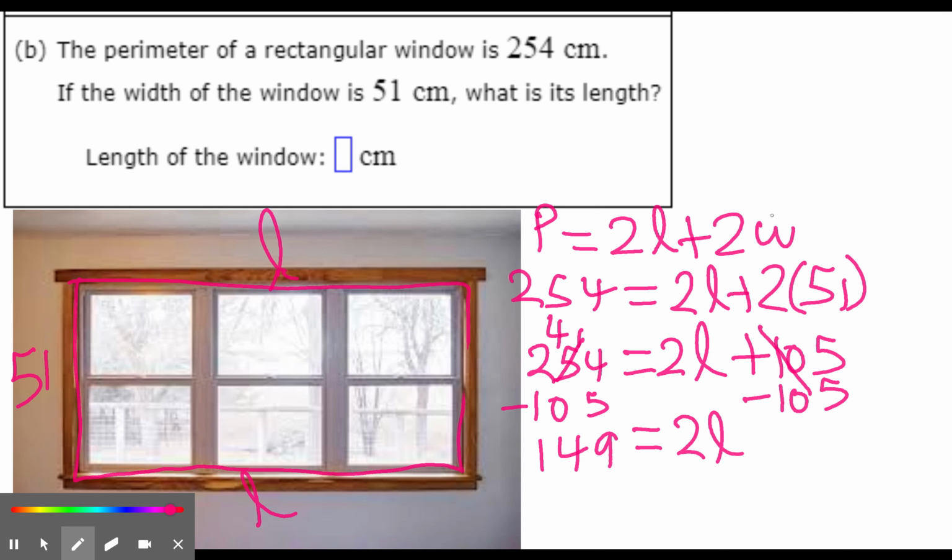So we're going to go ahead and divide both sides by 2. And that gives us 74.5.